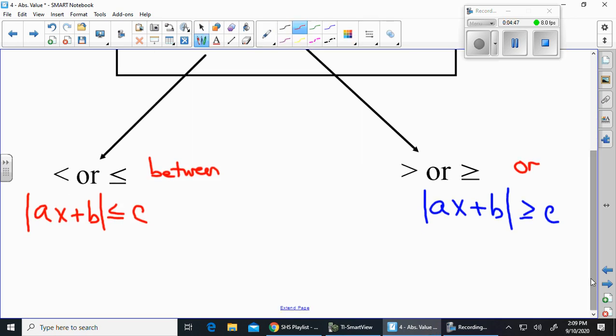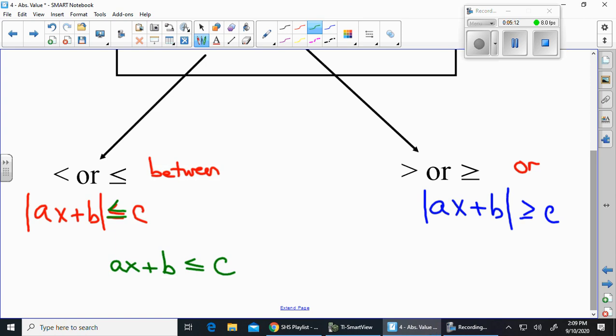Now, what would that mean? How do I set it up? If it's less than or equal, how do you set it up? It's going to be a compound between inequality. You're going to write ax plus b less than or equal to c, or less than c.